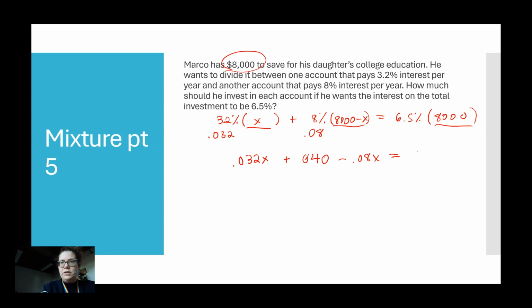It's 520. All right, that was a 6. Combining like terms, these guys together, we have got something negative 0.048x.